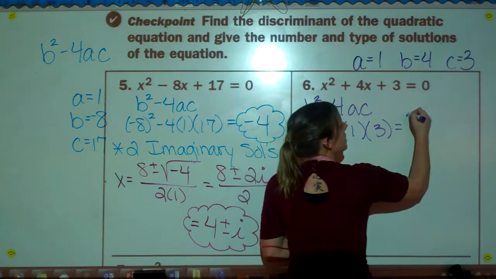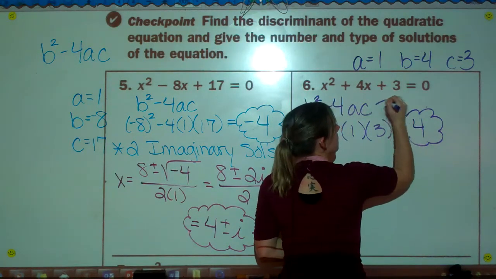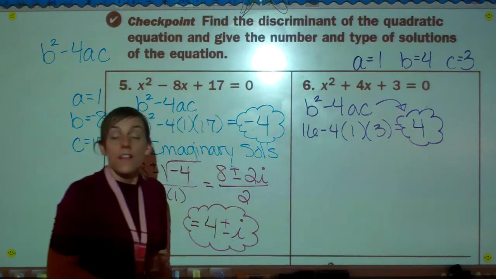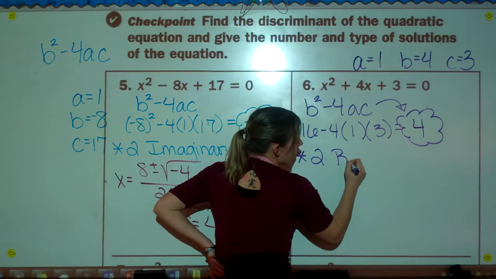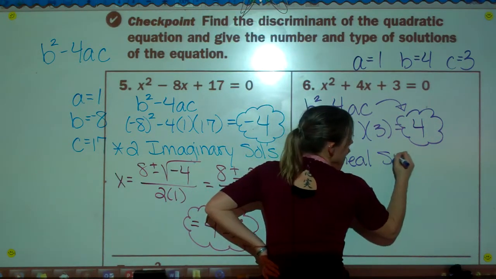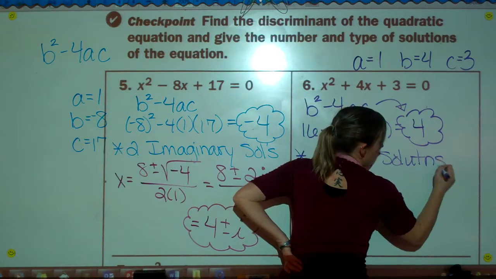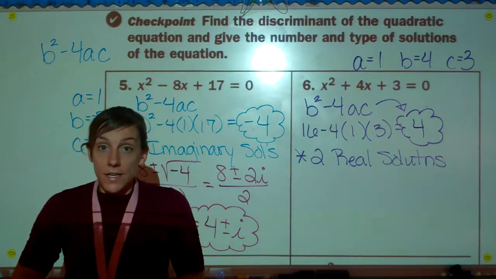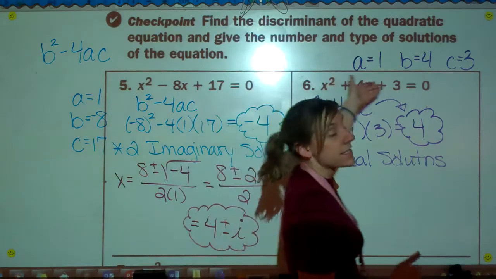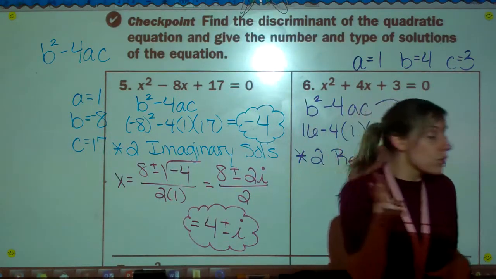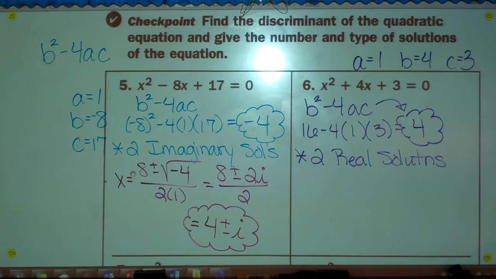Since the discriminant is 4, that's a positive number, so that means that we have two real solutions. We can actually go through and find those. If we put this into our calculator, it will cross twice. Let me show that to you.